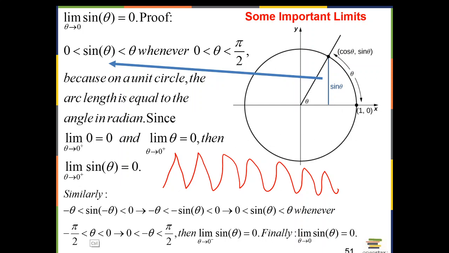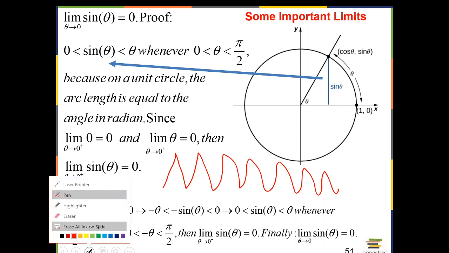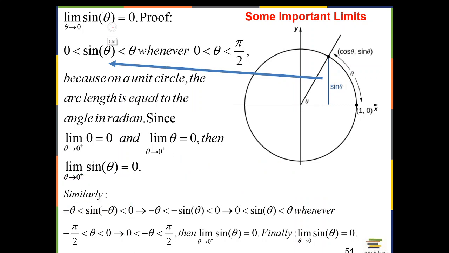They go up and down as you go around to different angles. So what we want to do is prove what the limit is here. So what's the limit of sine? Now, on the unit circle, we know that the radius is 1, right? Because it's the unit circle. And on the unit circle, the arc length is given by the general formula r times theta.